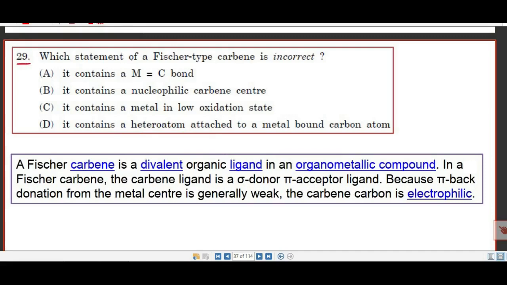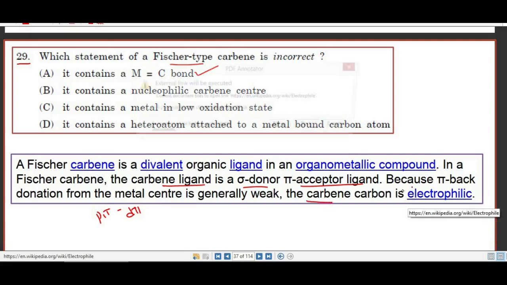Question number 29. Which statement about Fischer carbene is incorrect? They are asking for the incorrect statement. It contains a metal-carbon double bond, which is correct, and the Fischer carbene is a divalent organic ligand. It is an organometallic compound. In a Fischer carbene, the carbene ligand is a sigma donor and pi acceptor, because p pi-d pi back bonding donation occurs from the metal center, and the carbon is electrophilic in nature.